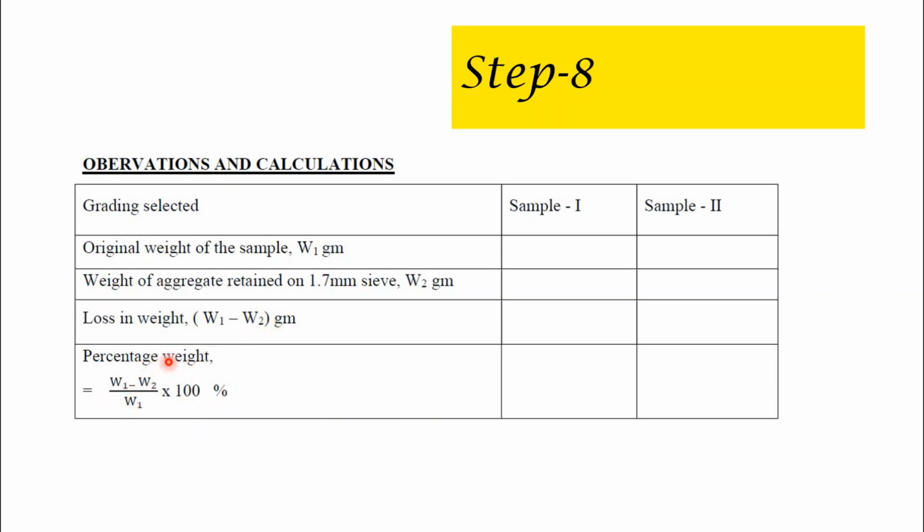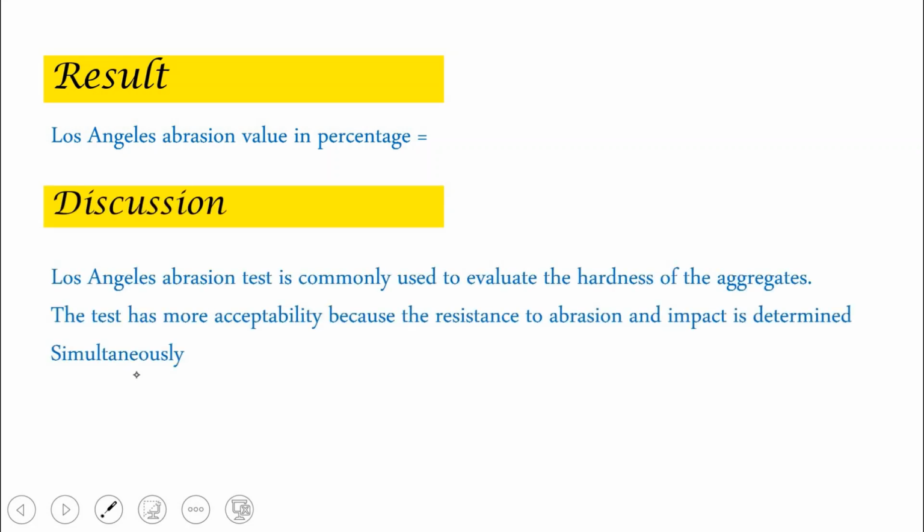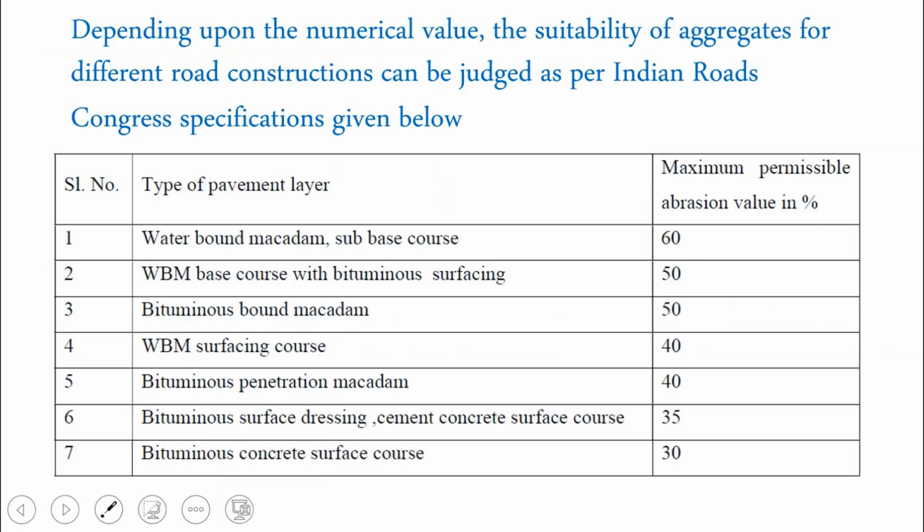This is the abrasion value. So we will obtain the result, that is the Los Angeles abrasion value in percentage. Since it gives us abrasion as well as impact together, this test is more acceptable.